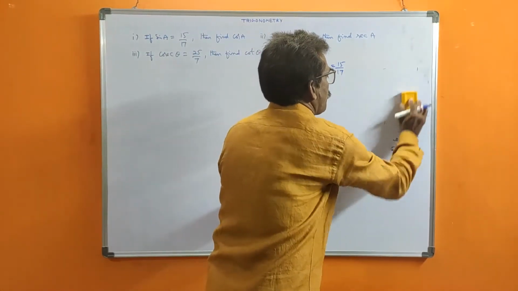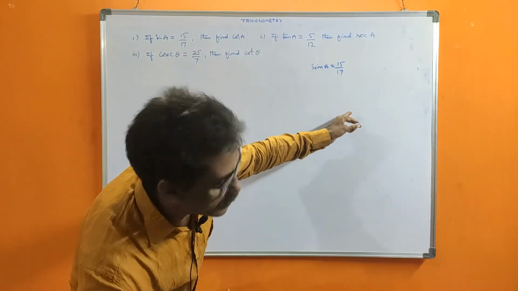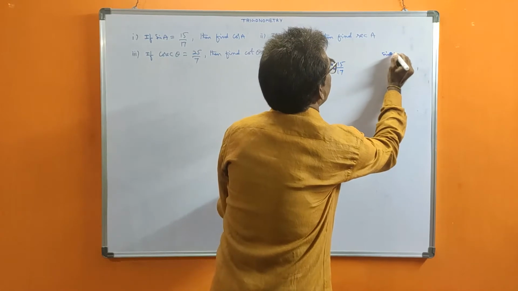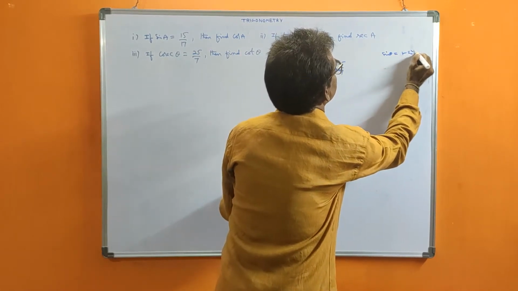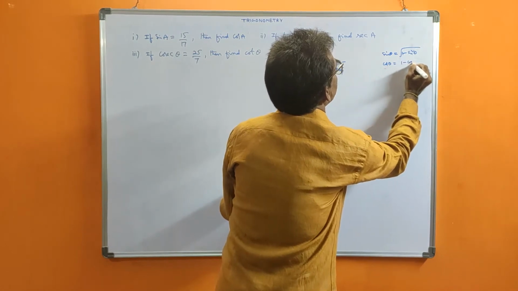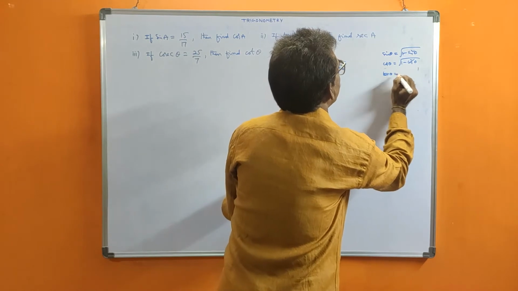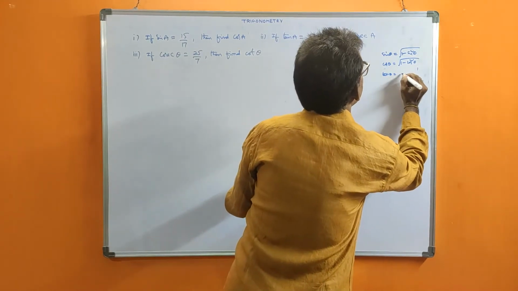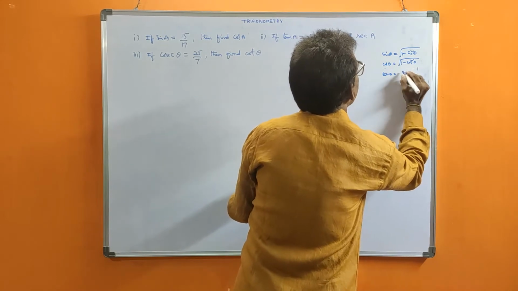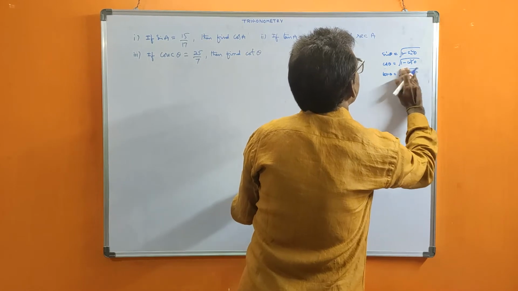So how many formulas you remember, just how those formulas came I explained, but directly: sin theta is equal to the square root of 1 minus cos square theta, cos theta is equal to the square root of 1 minus sin square theta, and tan theta is equal to the square root of secant square theta minus 1.